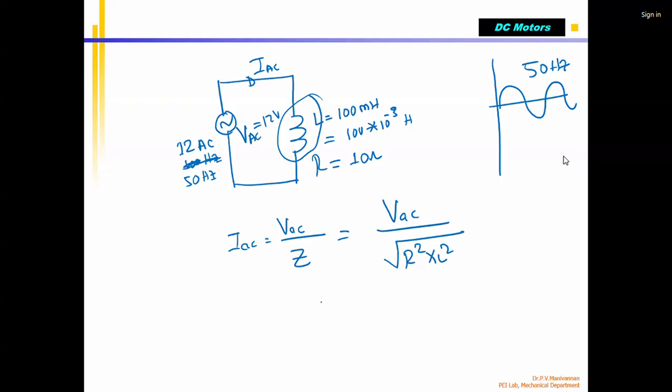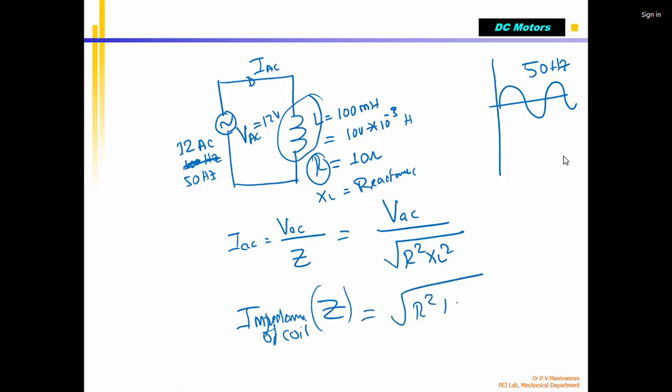Z is called the impedance of the coil. The coil has resistance R and also XL, which is called AC reactance. If I combine both, that is called impedance. So to find the AC current, the AC voltage is divided by Z.